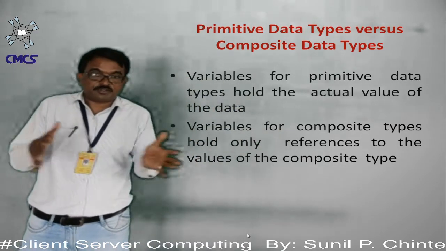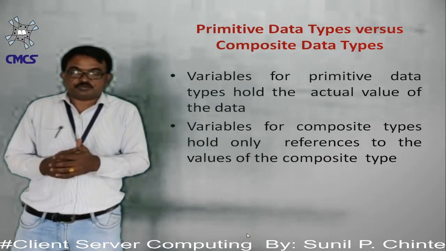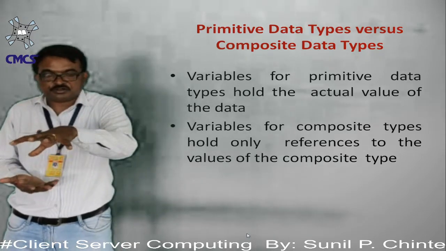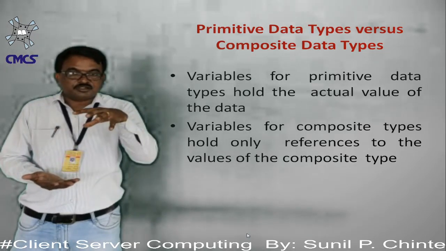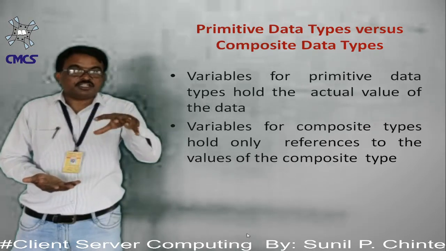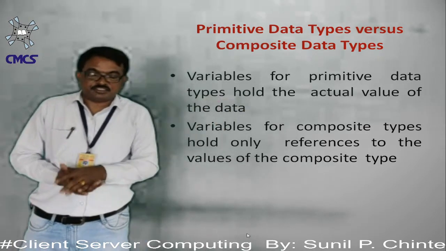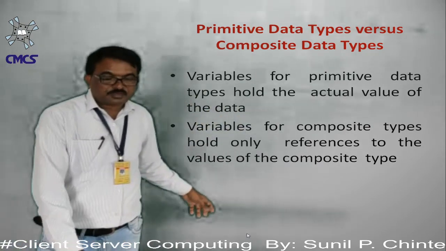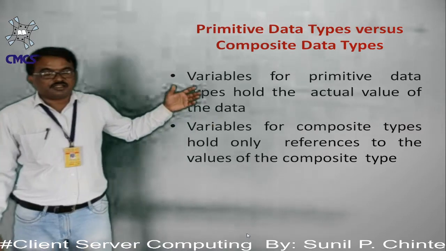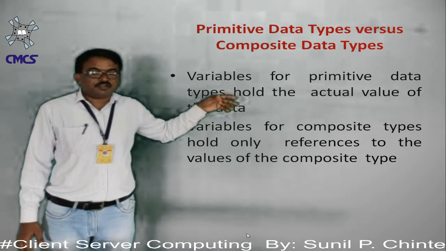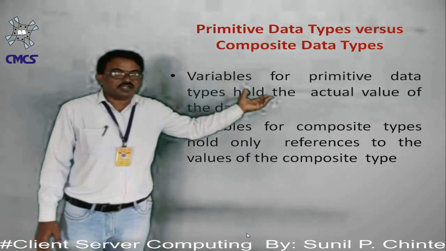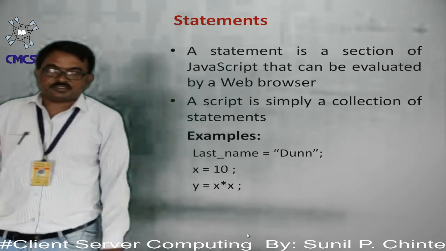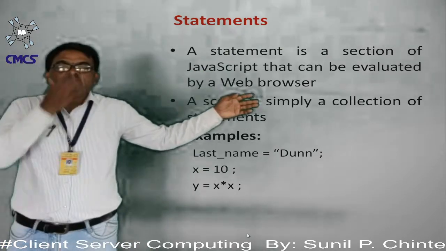This is the basic difference between the primitive and the composite: in the primitive data type, the variable holds the actual value or data, but in composite data types, the variable holds the reference or the address. Whenever we declare any array A, A will hold the address or the reference of the elements.